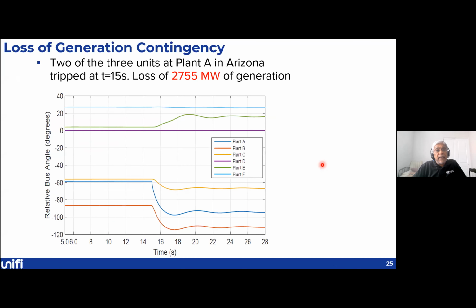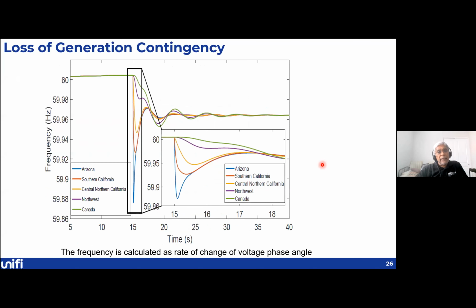You still notice that the 5 locations that we are monitoring all remain fairly intact, well synchronized, and the relative bus angle does not deviate very significantly from what it was, and the system settles down to a new operating condition very smoothly. And this is what happens to the frequency, because frequency is the variable of interest.